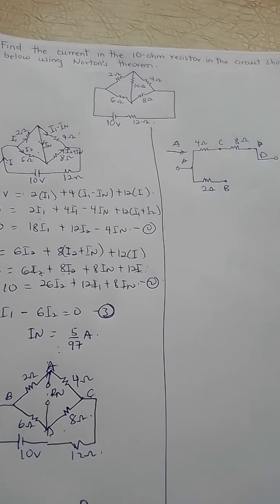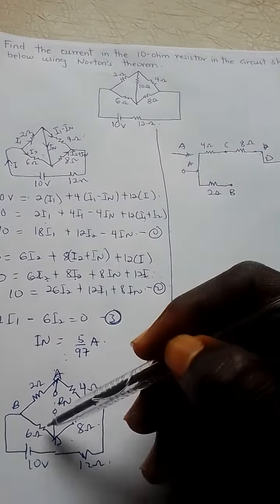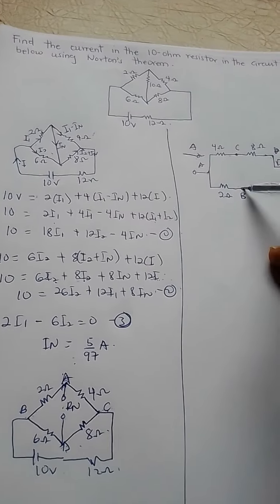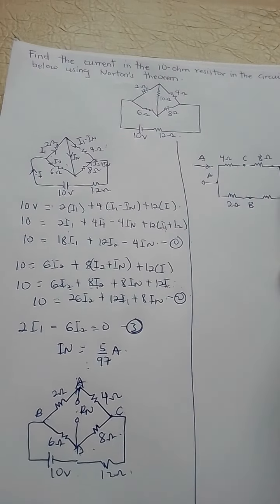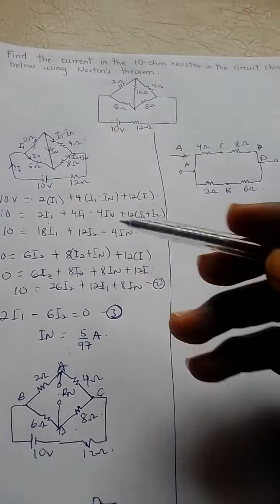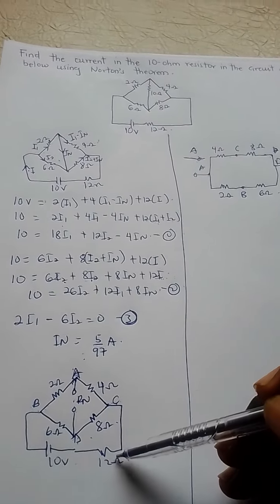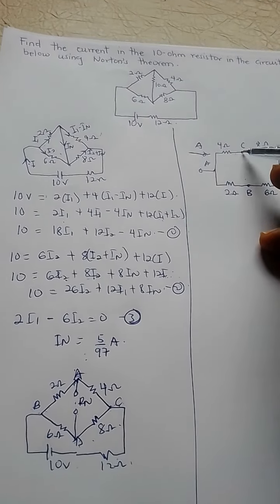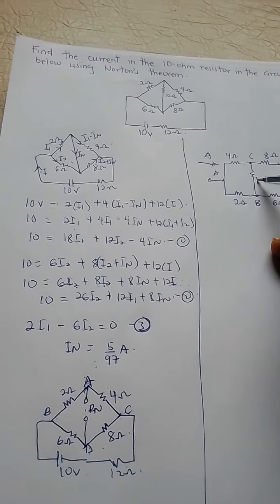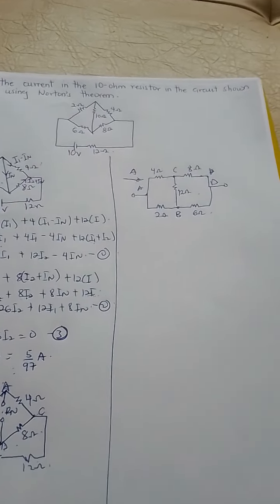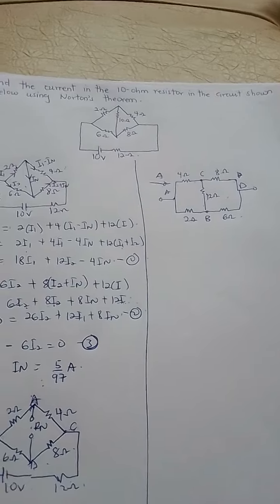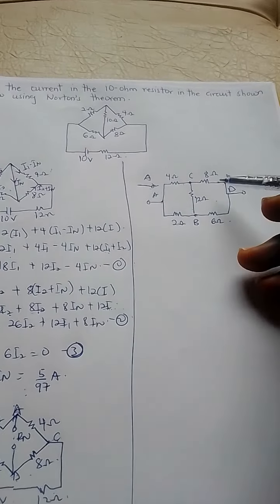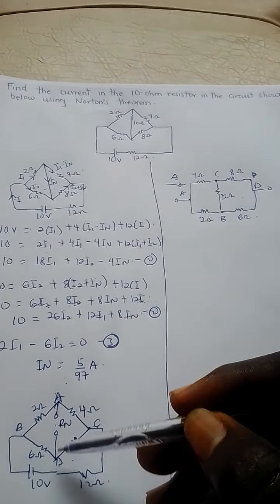Once we have our 2 ohms, we move from B to D, that is 6 ohms. Then finally from B to C, we have our 12 ohms. So this is the resistors which have been placed between the terminals A and D.